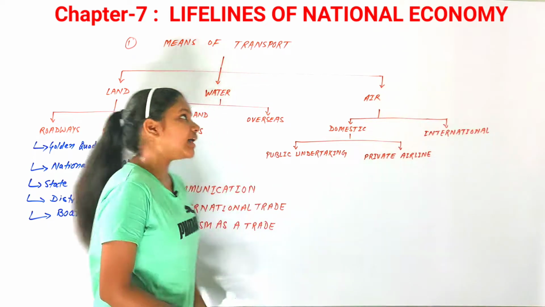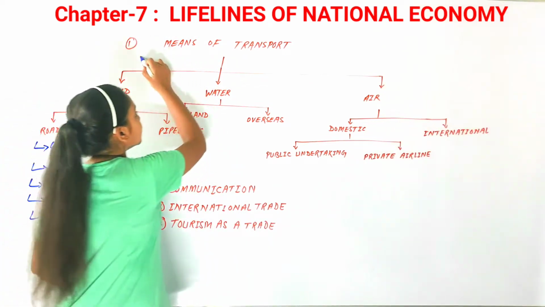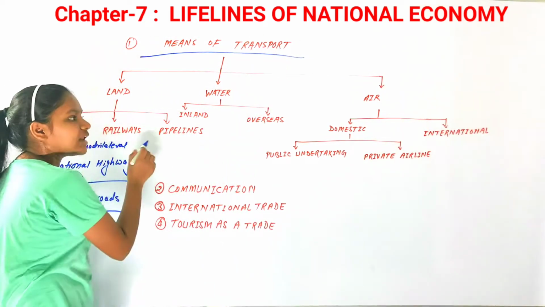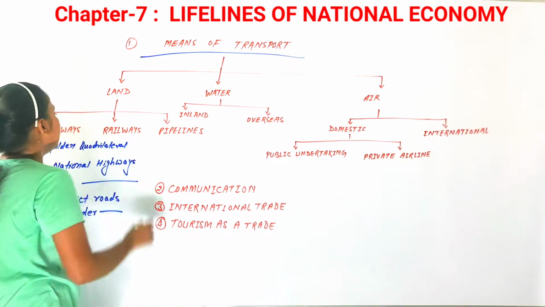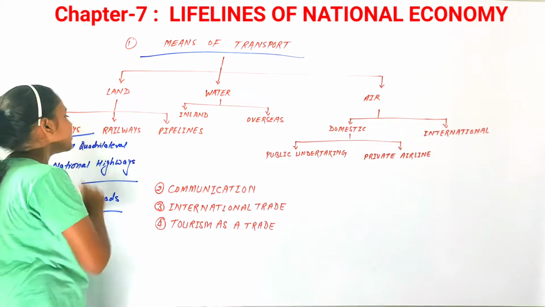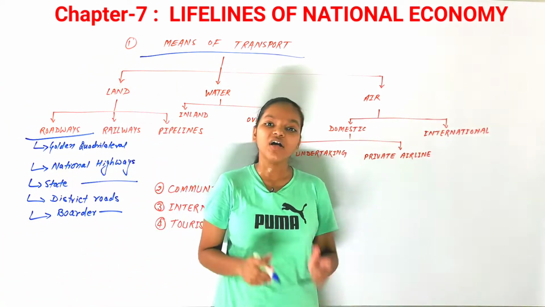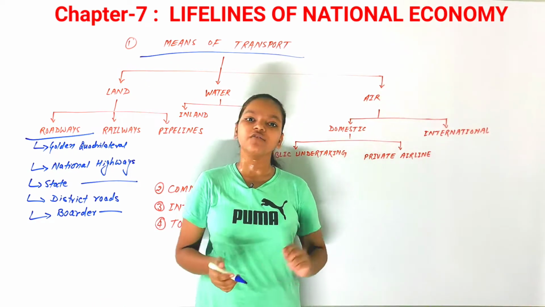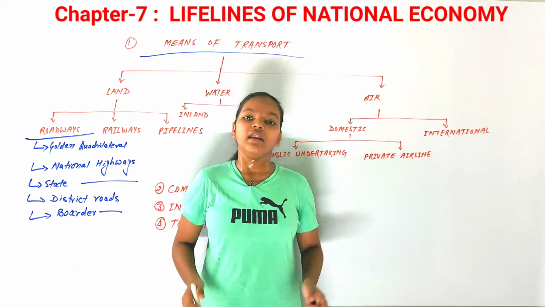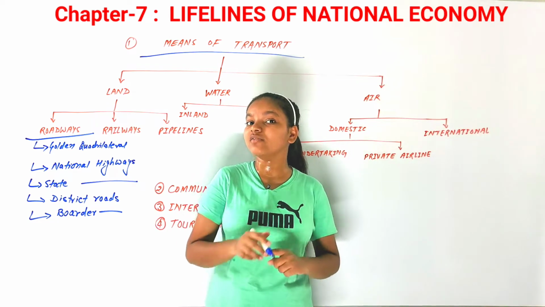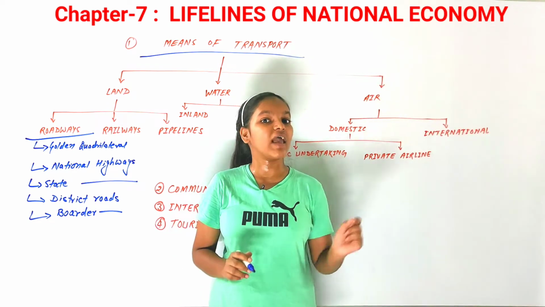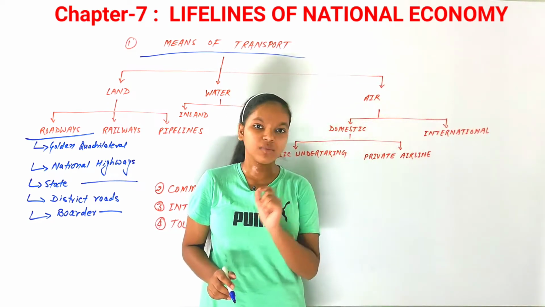Now, if we look at the means of transport, they can be divided into land, water and air transport. Firstly, in land transportation, we have roadways. As all of you know, India has one of the largest road networks in the world, aggregating about 56 lakh kilometers.